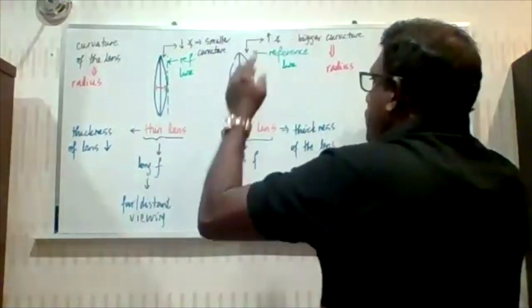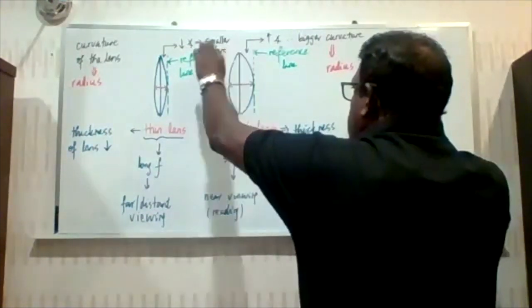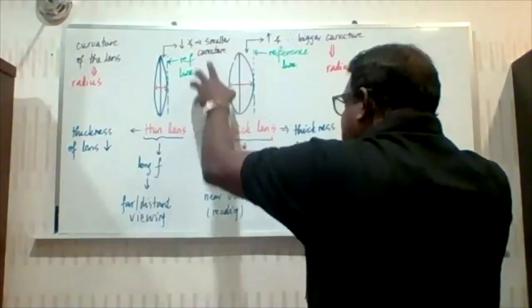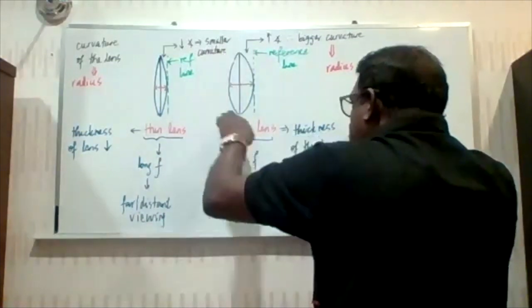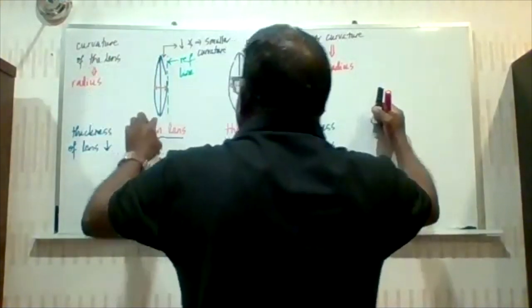If you visualize it, with this curve you are going to get a very small circle, meaning a circle with a smaller radius.